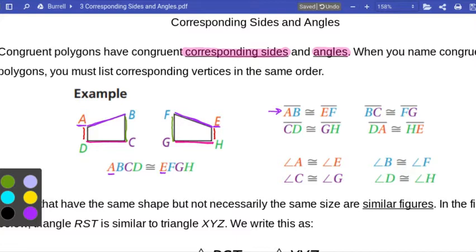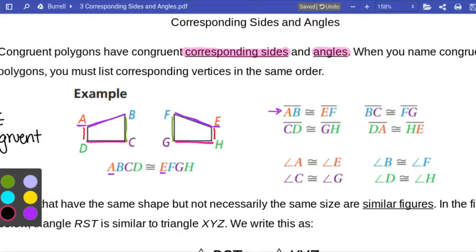Now, we have some very special symbols. The symbol that has an equal sign with a squiggly on top, that means congruent. So the side length AB is congruent to the side length EF, meaning that it is the exact same length. Just like we have corresponding sides, we also have corresponding angles.